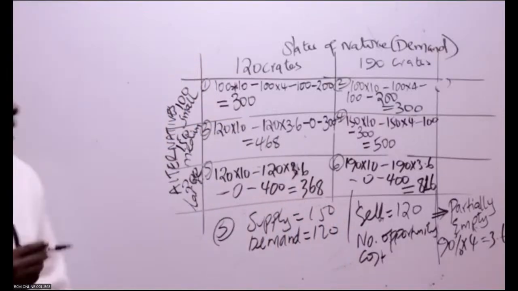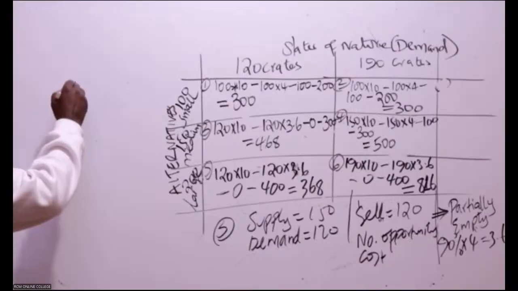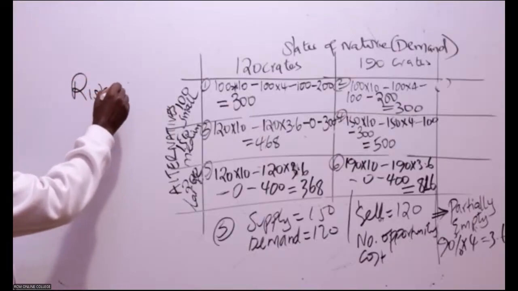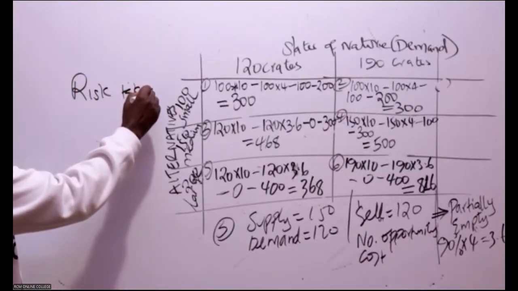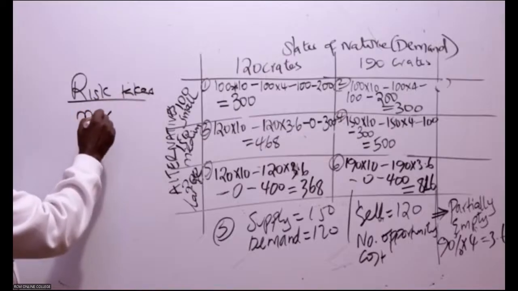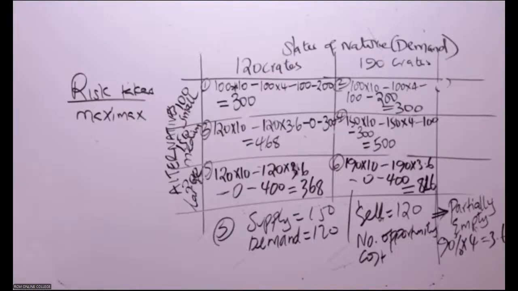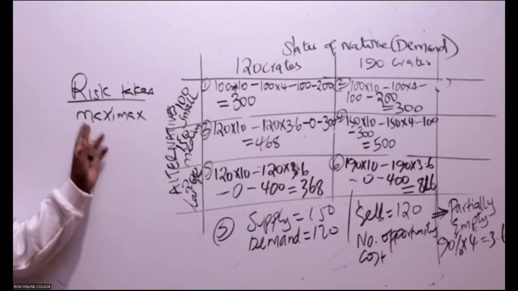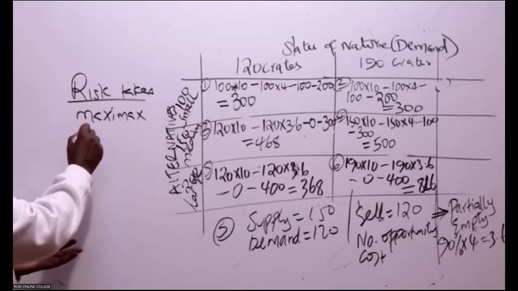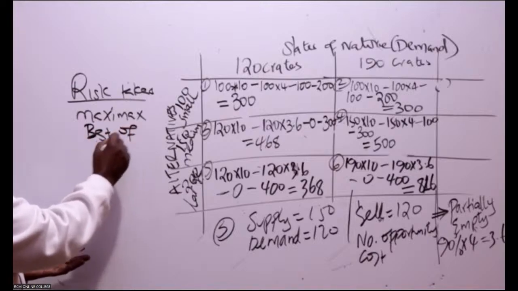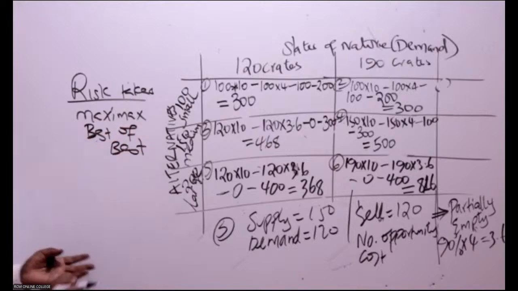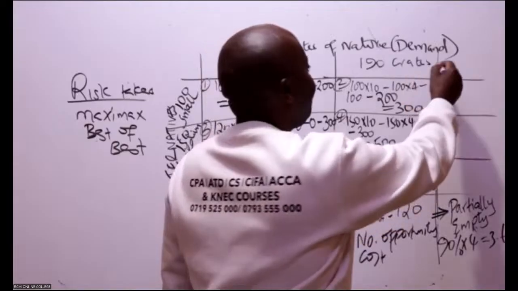So we start with risk takers, and for risk takers, we use maxi. Remember maxi, ladies and gentlemen, stands for maximum of maximums. Best of the best. So create a column here for best.